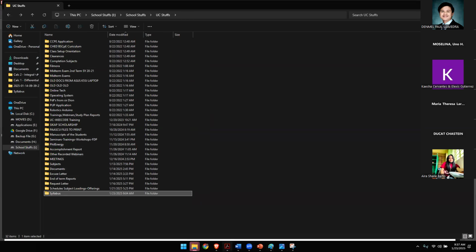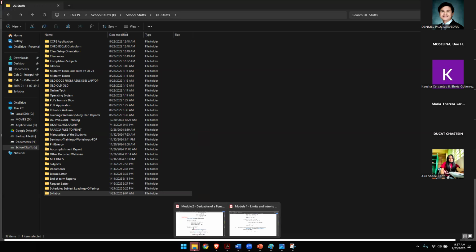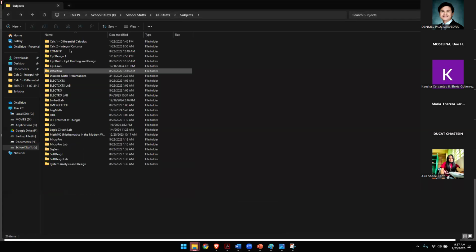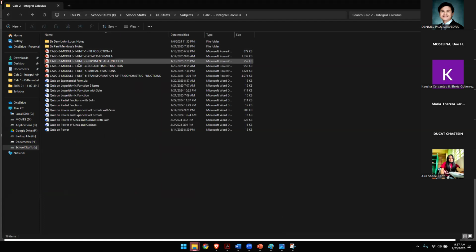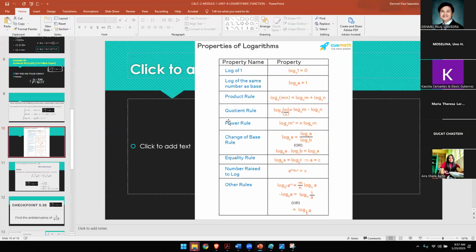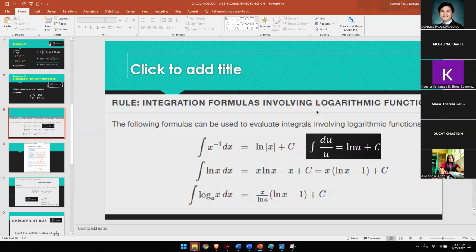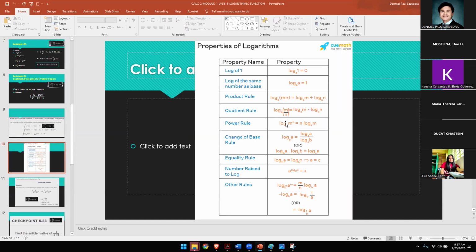Balikan natin yung module nyo. Log naman to lahat. Not sure with lon pero pag log, this is one way to simplify. Pero same lang ba sila? I think same lang sila ng definition. Log is equal to ln.